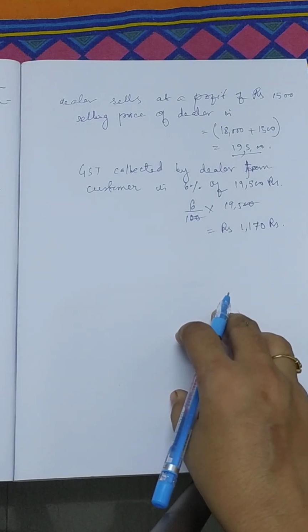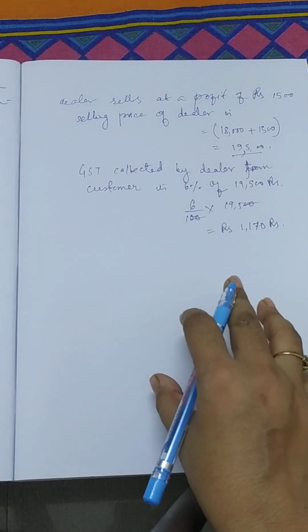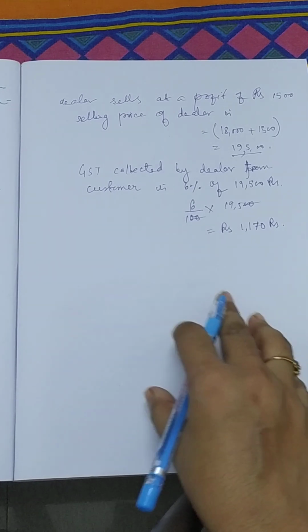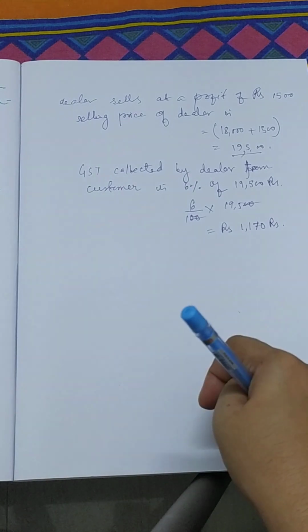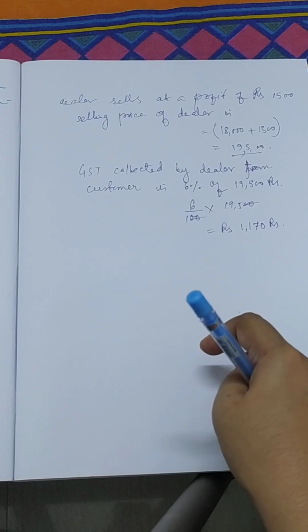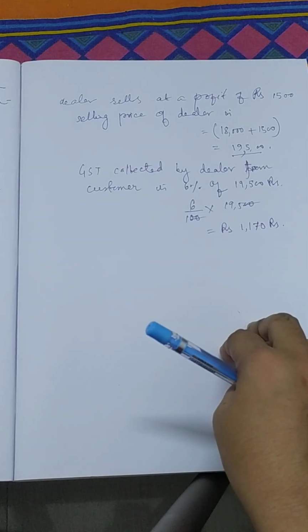Okay. And simultaneously, when that dealer buys it from someone, that means from the manufacturer, he also has to pay GST for that, right?